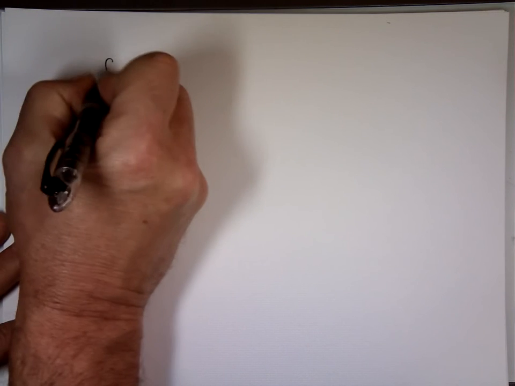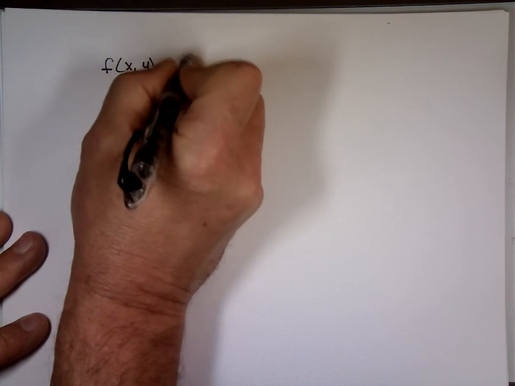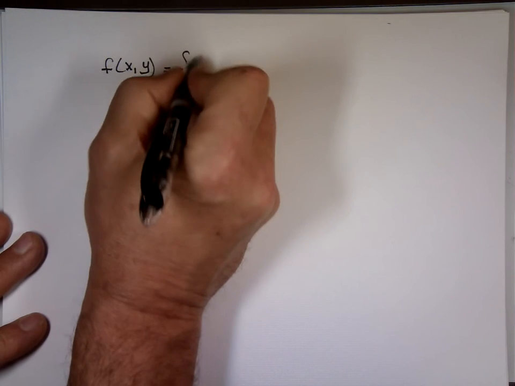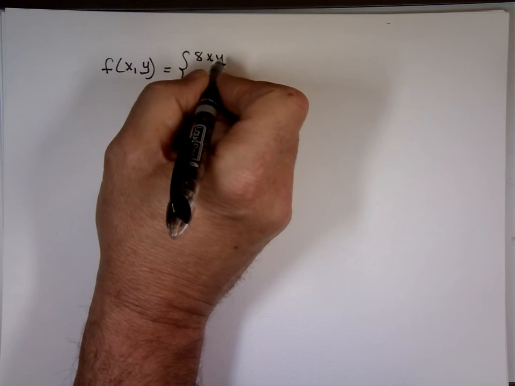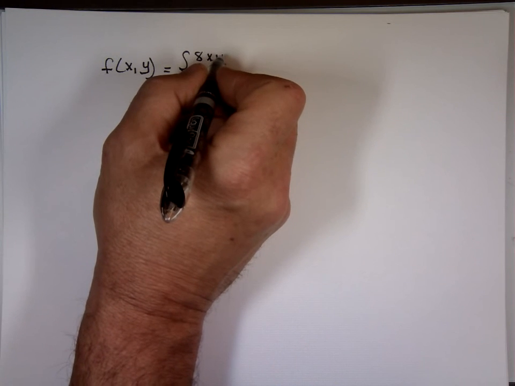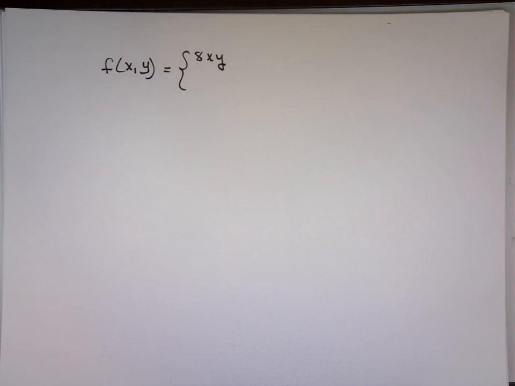My function I'm going to use, again, I don't have a story for you. I can make a story like this is supposed to be this or that. 8xy. I think we did that problem. What was it?